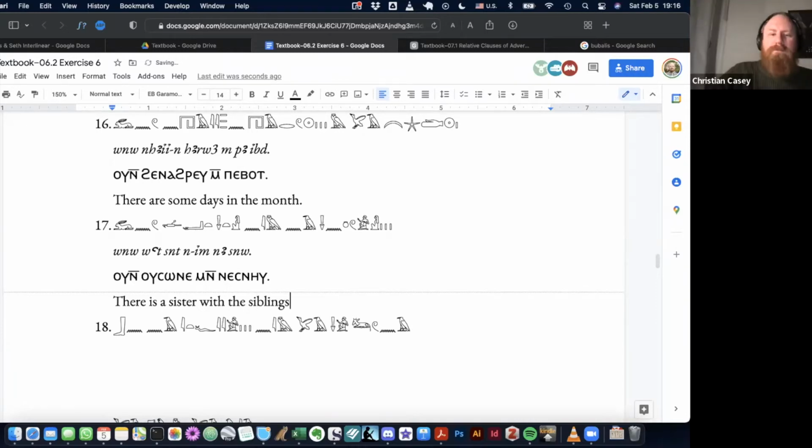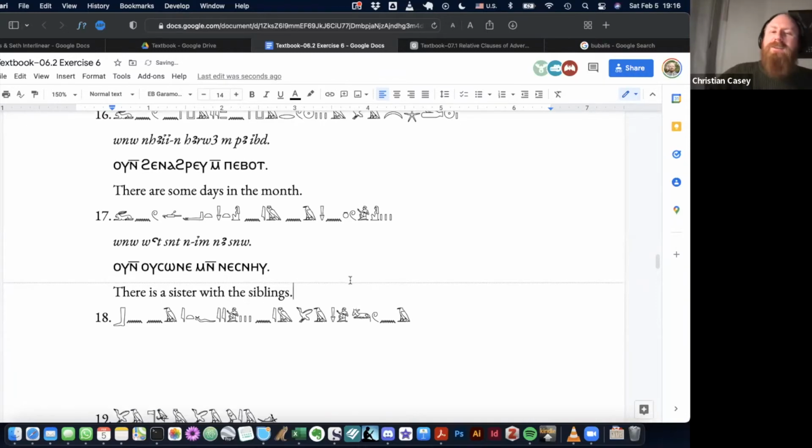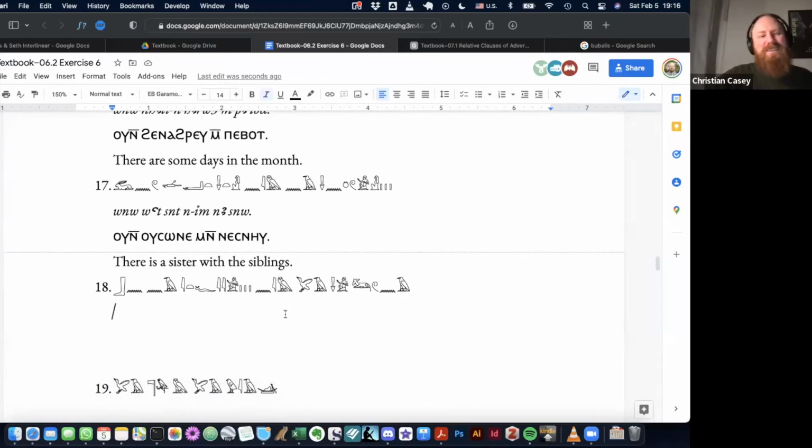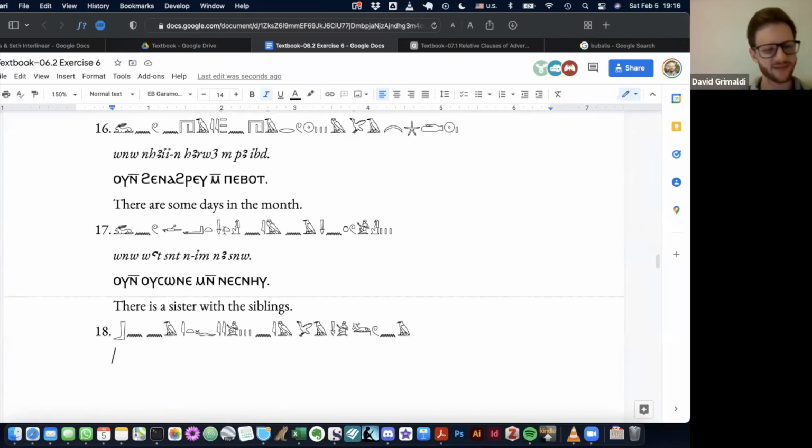Yeah, that's it. I like the little not so subtle laugh at the end, because these sentences are pretty banal, right? I think it's good, because I can't fake it in a way. I can't just think contextually about what the answer should be. Yeah, I did try to make them sensible, like it's not a cow that's with the siblings, it's a sister.